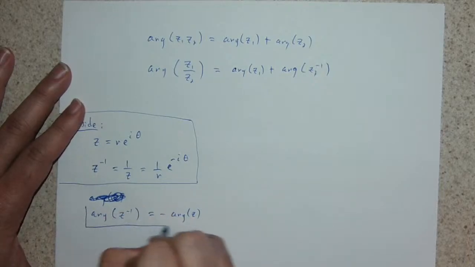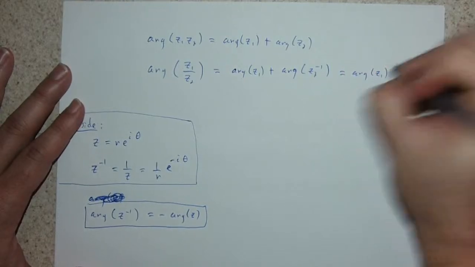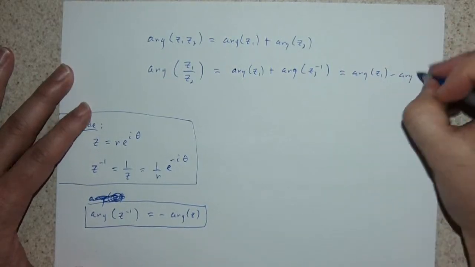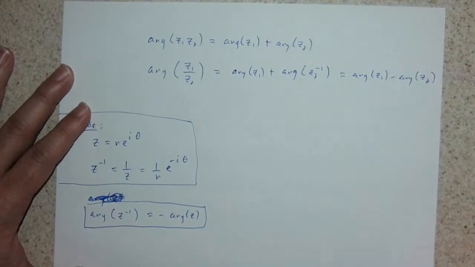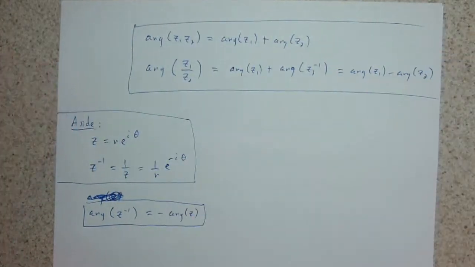And so knowing this fact, this is the argument of z sub 1 minus the argument of z sub 2. So these are two important formulas for computing these things.